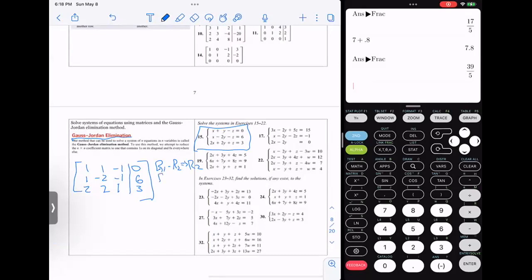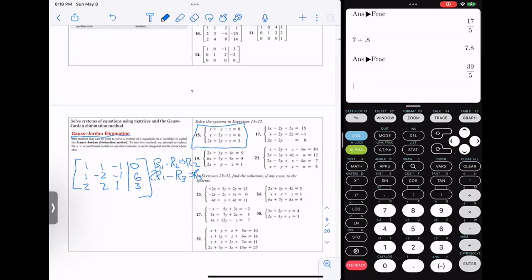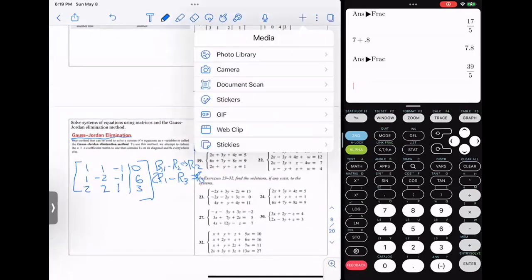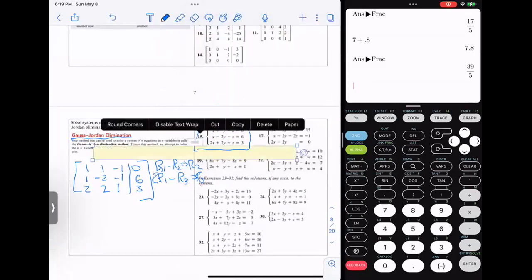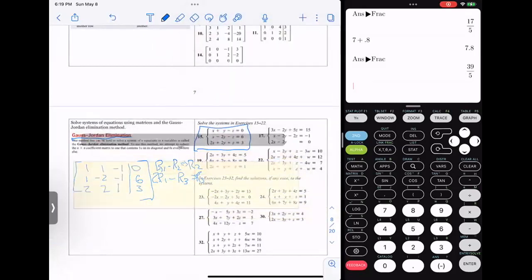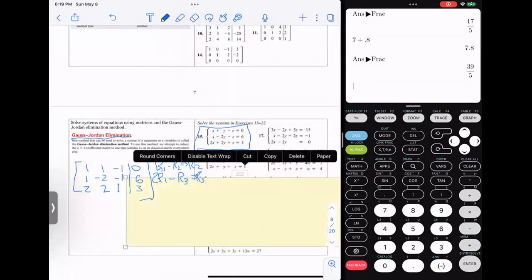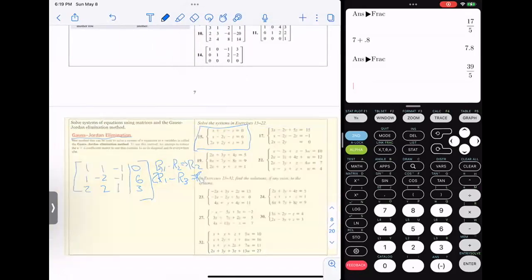And if we do 2 times row 1 minus row 3, that is going to give us row 3, which will turn that to 0. I'm going to go ahead and add a sticky note here, that way we can just kind of write over these.